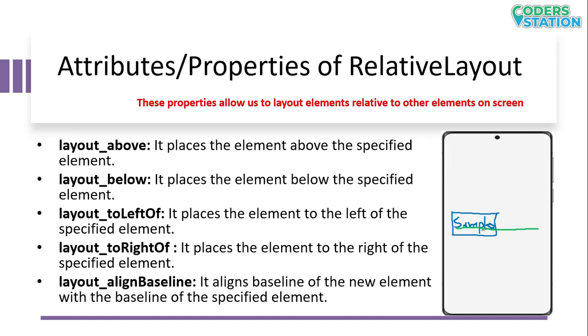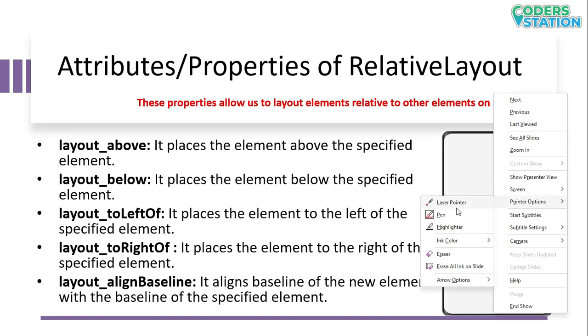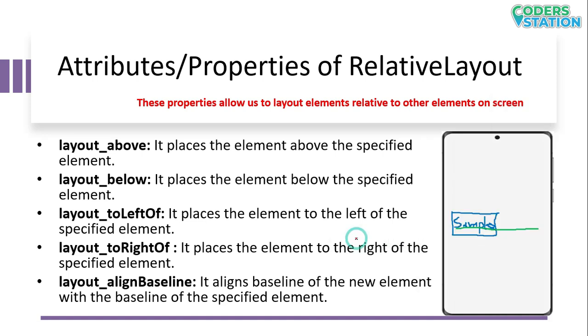As you can see, the green line which has been drawn over here is the baseline of this particular button, and we want to place a new button. That button will also be placed aligning with the baseline of the first button which has already been placed.